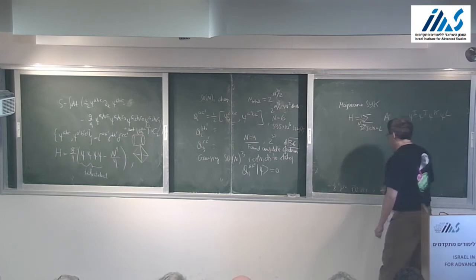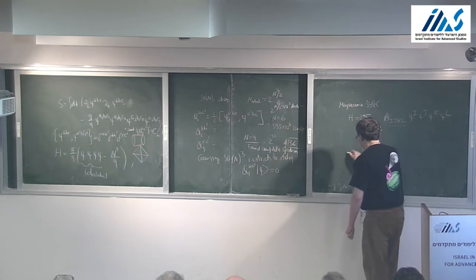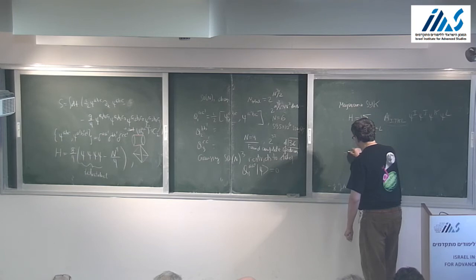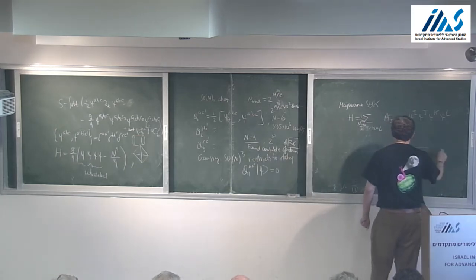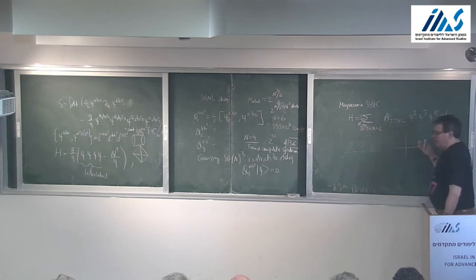And then you get this spectrum, which Subir discussed last time. You get this nice distribution, very symmetric looking. Let me try to draw this again. The interesting thing is that the model is self-averaging.